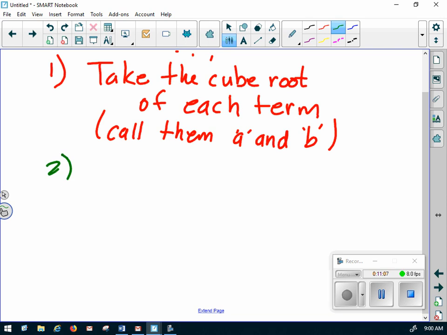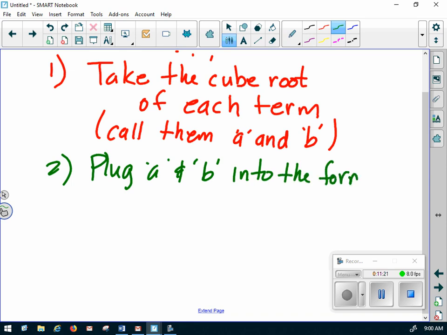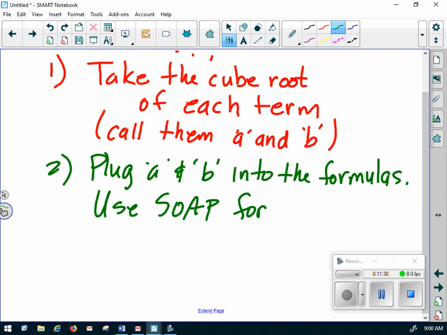Number 2. Plug A and B into the formulas. Use SOAP for signs.